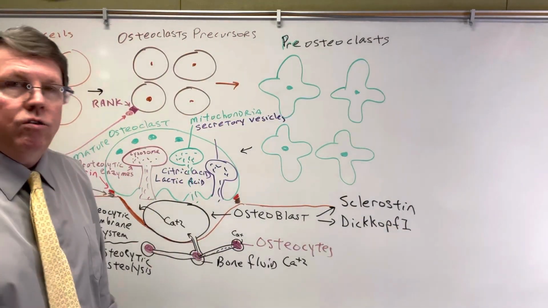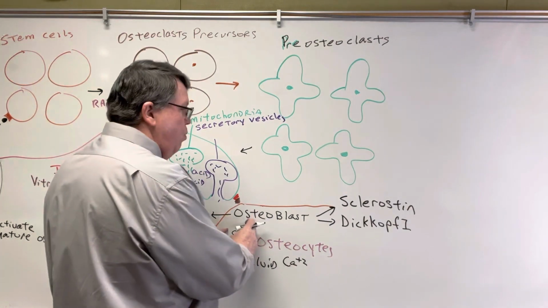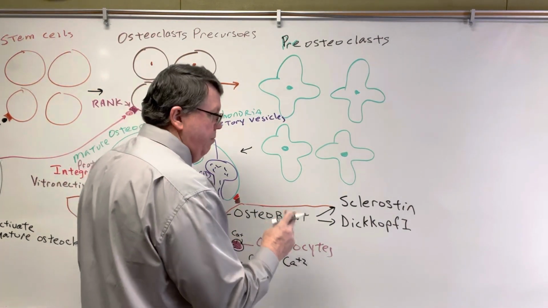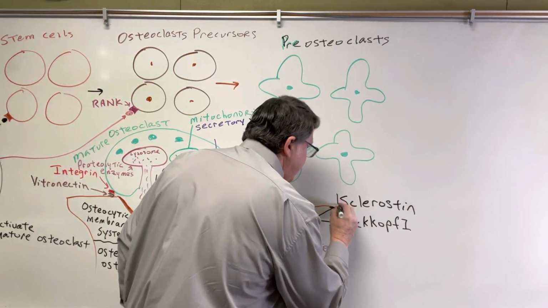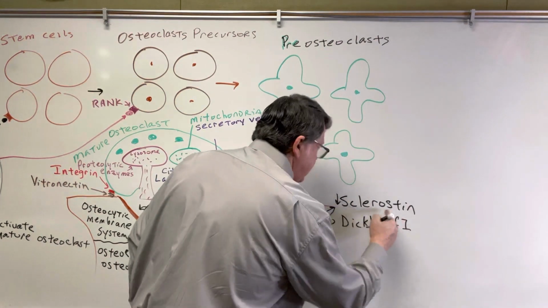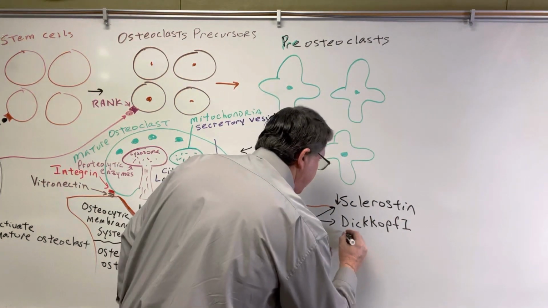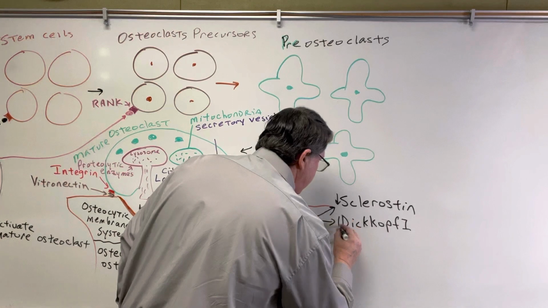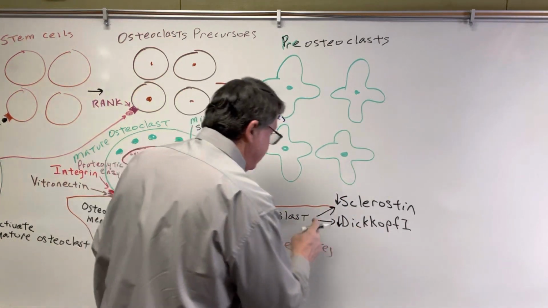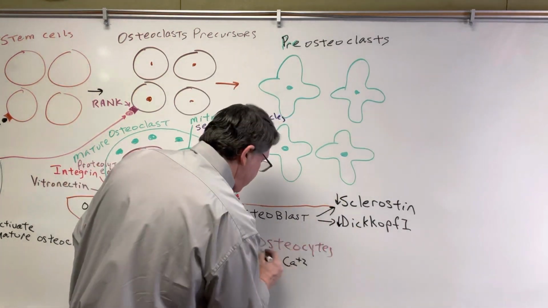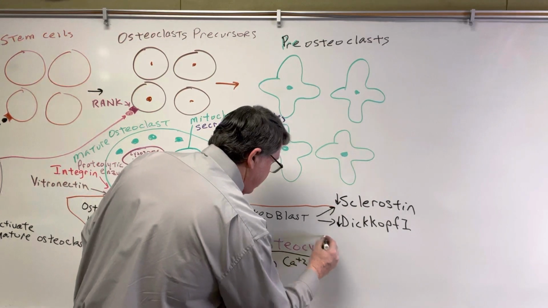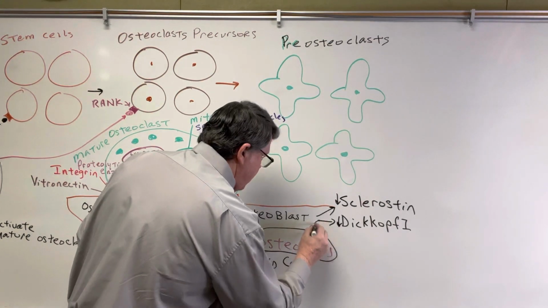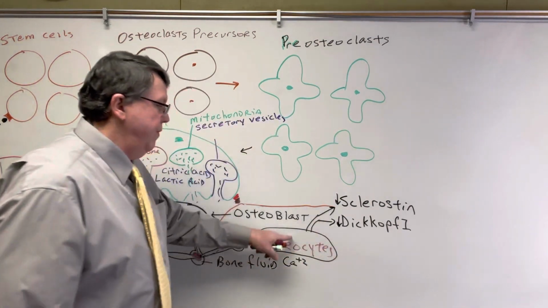Now here's what's going to happen: when we want to make bone, we are going to decrease the amount of sclerostin and Dickkopf in the blood. So we're going to decrease this. And by the way, I made a mistake. This isn't coming from the osteoblast. This actually comes from the osteocyte. So I'm going to go like this, and boom, okay? It comes from the osteocytes.